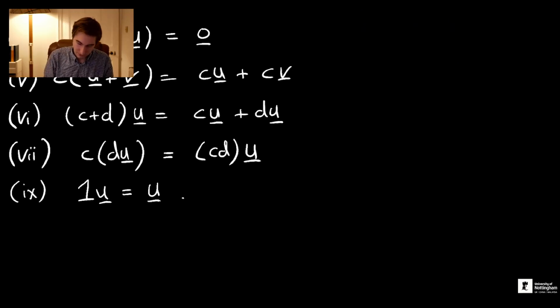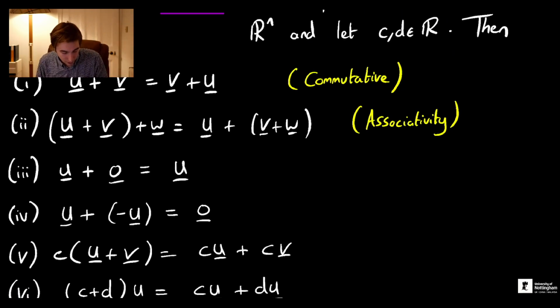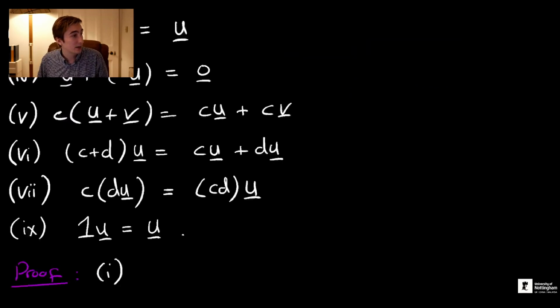So let's write down our proof for number 1. Well, number 1 is effectively just showing the commutativity of the addition defined on Rn.